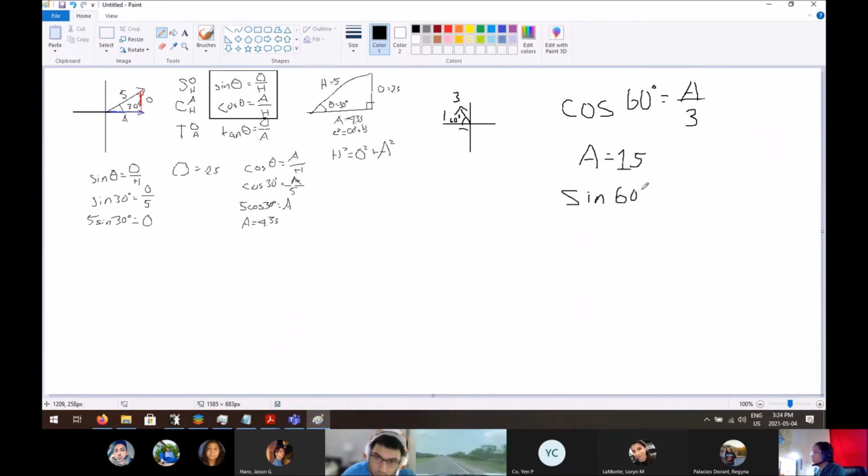Sine of 60 degrees is equal to opposite over 3. 3 sine of 60 degrees is equal to O. O is equal to 2.59. That seems about right.